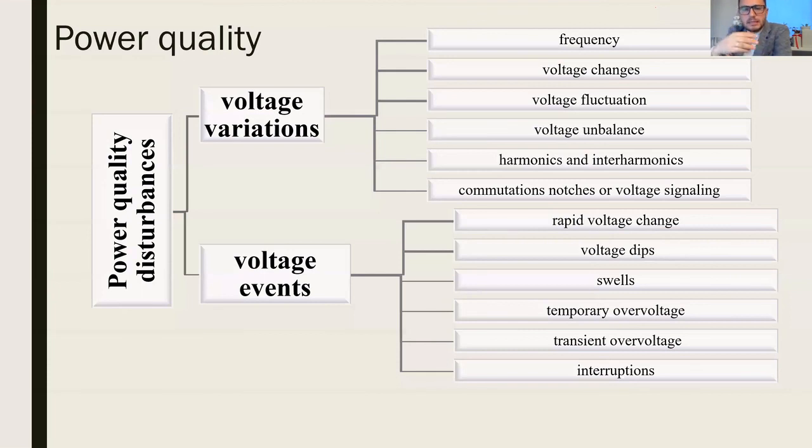Of course, it changes in some way, but in fact the parameters are given: the frequency, voltage value, voltage fluctuations, and similar parameters. For those who are interested, there are also harmonics and interharmonics. So this part is connected with the data that describe the long term.